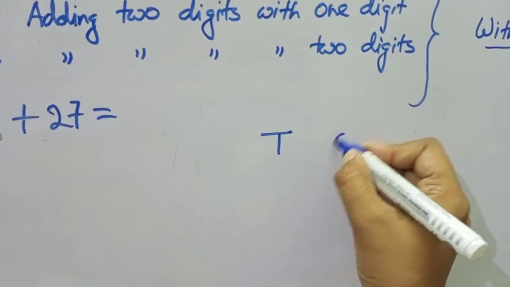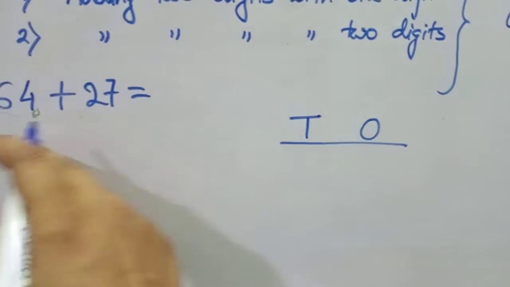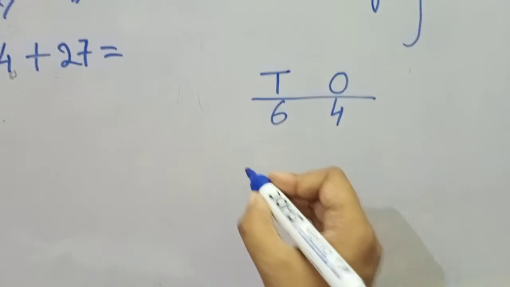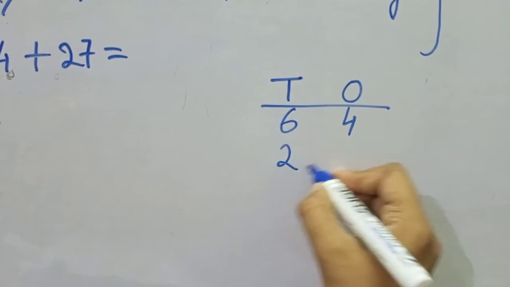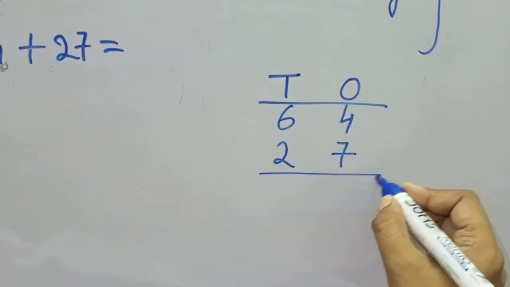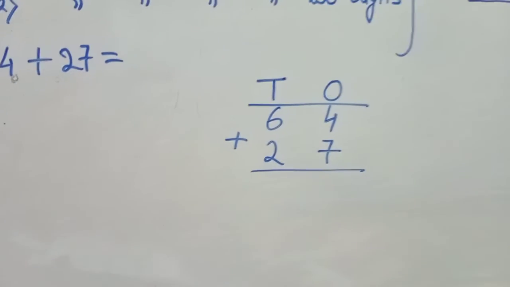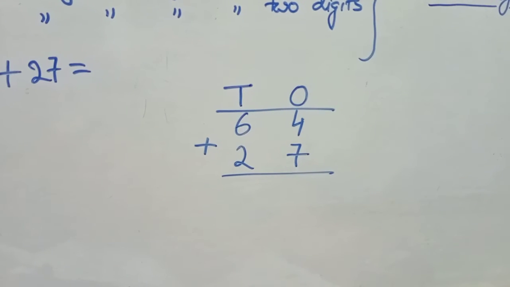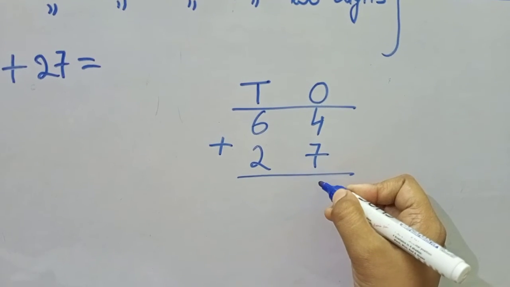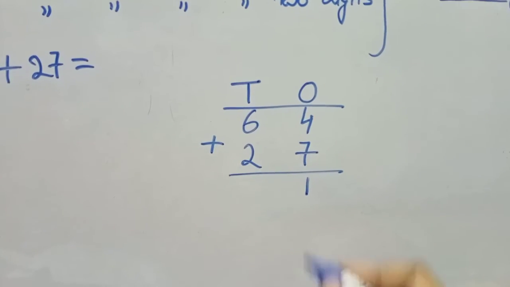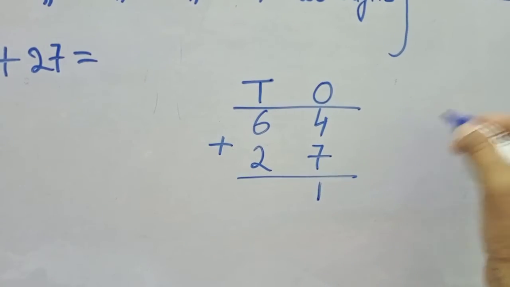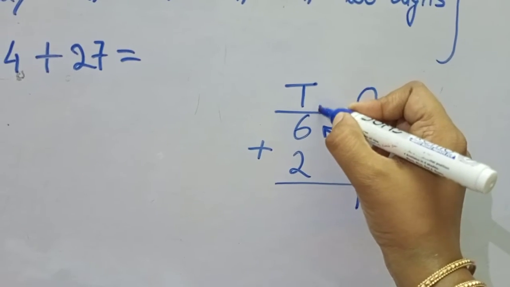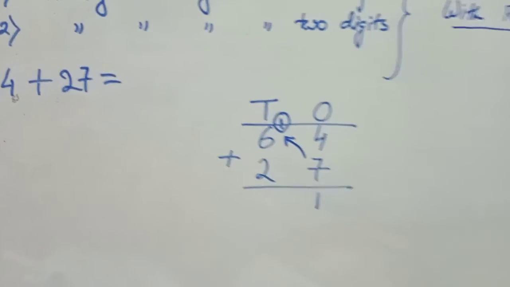So placing this under the place value chart, 64, then just below we write the second addend, that is 27. Now we do a simple addition. Now 7 plus 4, we again get 11. So here we write 1 and again in hand we have one carry. That carry we are going to carry over here.